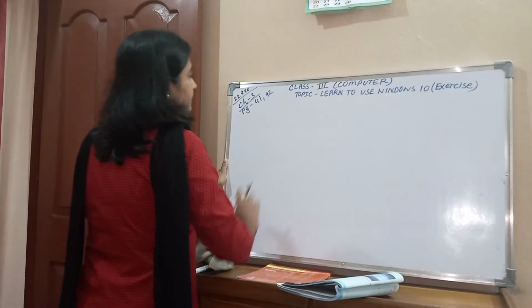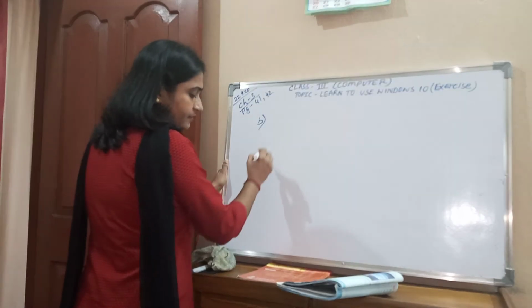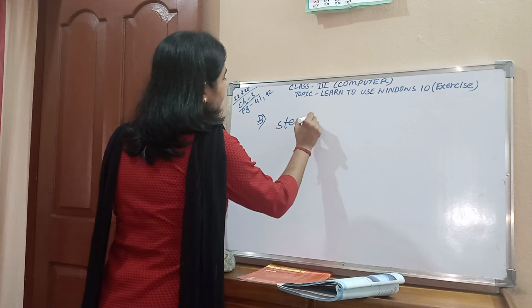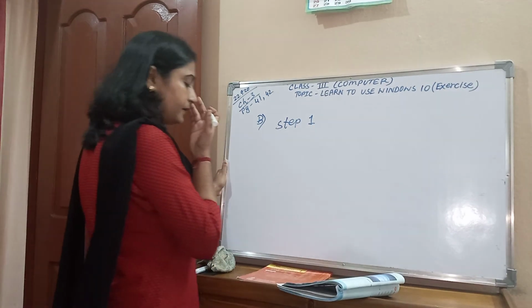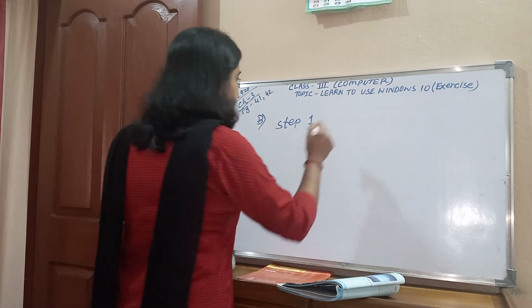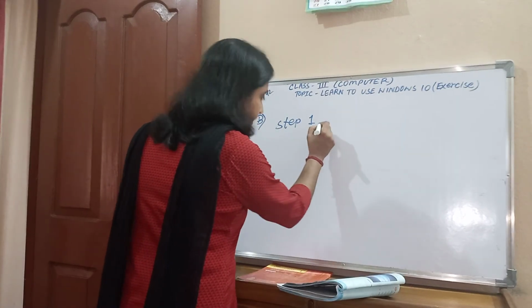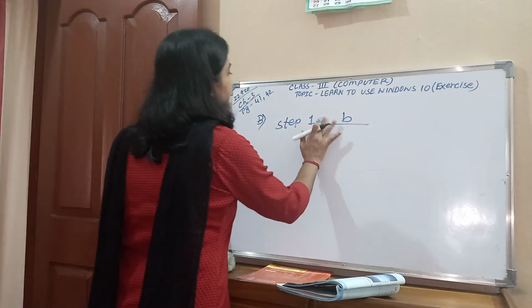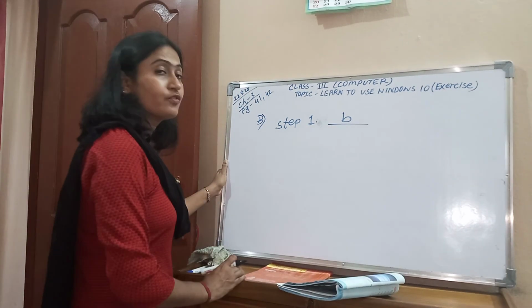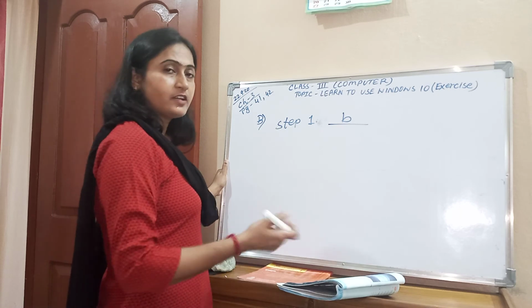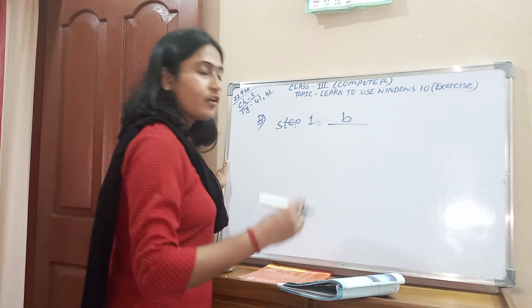Now the next part, number B. Write the steps only. If you want to arrange the desktop icons, the first step is B. B means first you have to right click on the desktop anywhere away from icons.